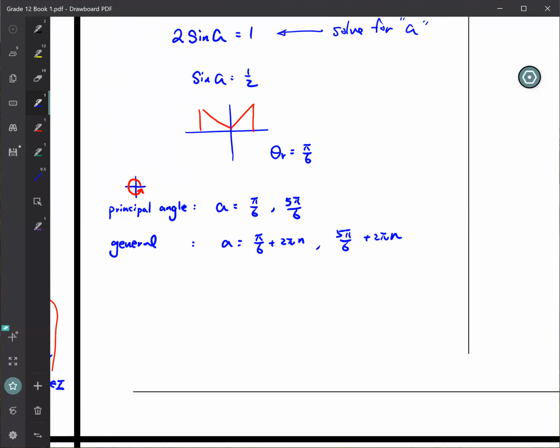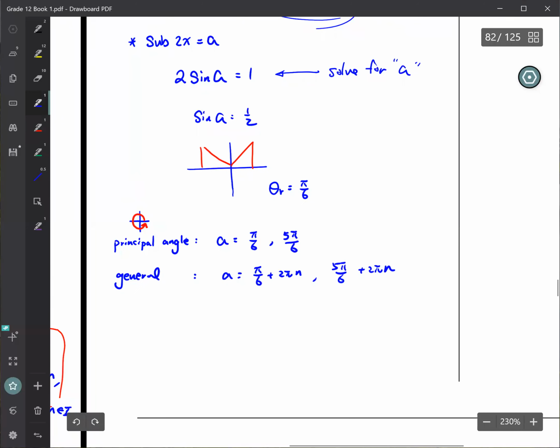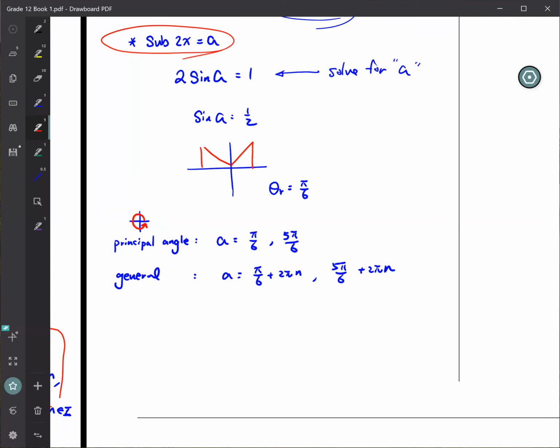And then a is something we use at the beginning to help us, right? But in fact, a is actually 2x. A is double of the x that we want to find. So the answer you have is double of what we wanted, so we need to divide it by 2. The next one is also general, but it's the general answer for x.